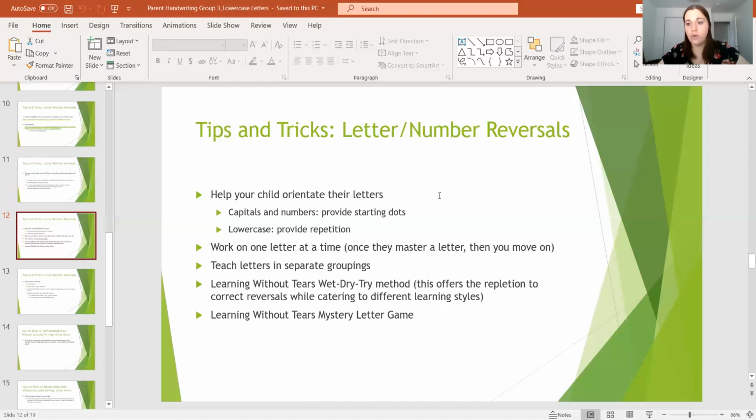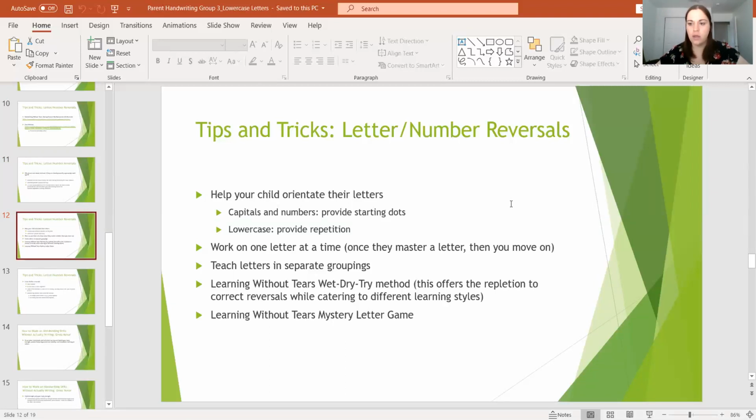When kiddos are learning to group their letters, they're essentially learning where to start. And if they have a clear start, they're not going to reverse them, or they're going to reverse them a lot less often. Lowercase letters, we just talked about, are a lot more complex. So provide a lot of repetition.